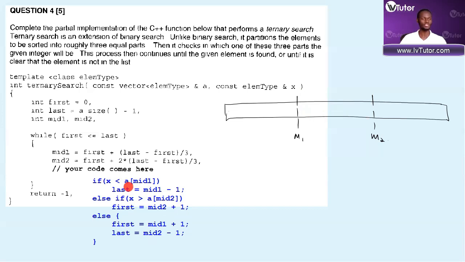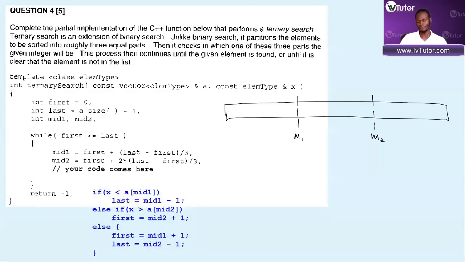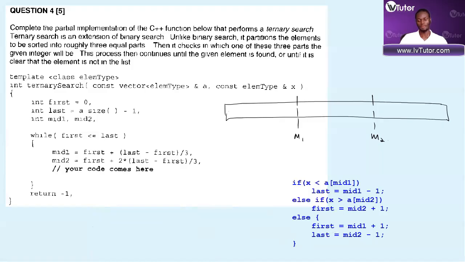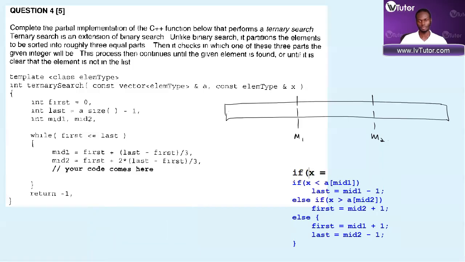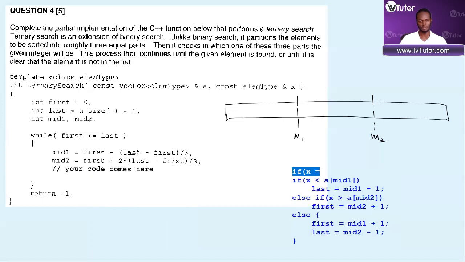So this is how you would then adjust your first and your last. But there's one thing that's crucial, which is still left. What if we find it? So your item is either going to be mid 1 or mid 2, which means you can then have another condition that checks for whether or not we found it. So we can say here, if our X is equal to the item at vector mid 1, but here you have to check 2, right?